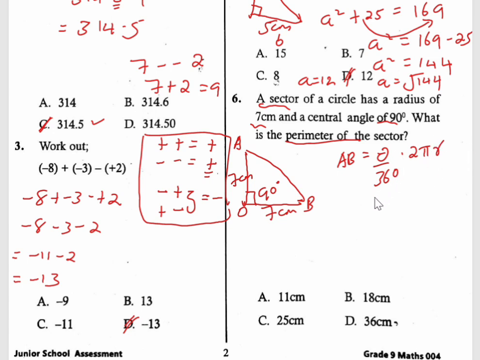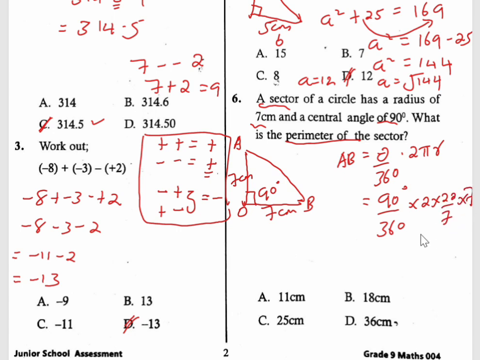So to get the arc length AB from A to B, it is the angle theta, which is 90 degrees over 360, multiplied by 2 multiplied by pi r, 22 over 7 times r, which is 7.